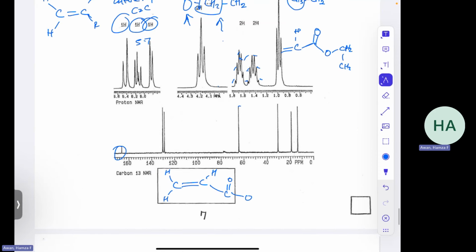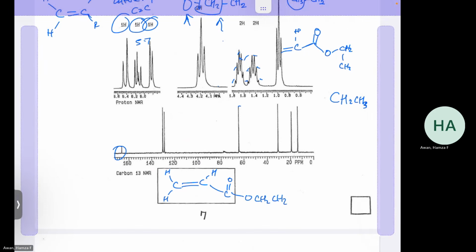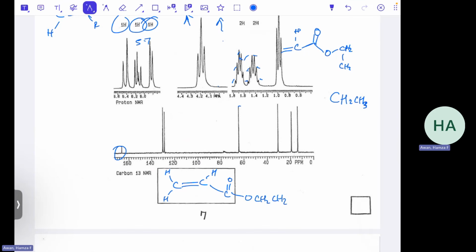Right now we only have a confirmed 2, and then we know there's a CH2CH3 that is not downfield at all, right? So if we just write this CH2CH2, we know we have the one place for the CH2CH3.